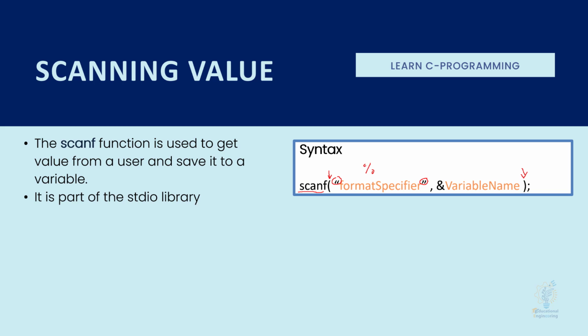Let's say that we want to read an integer value, so we will add %d between these two double quotation marks. Now the second part is adding a comma, then the ampersand sign. After the ampersand sign, we need to add the variable name. So in this case, let's say x.